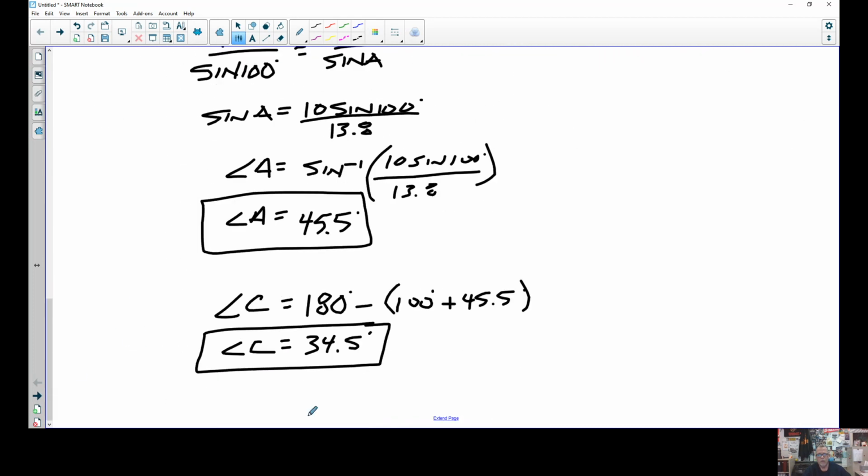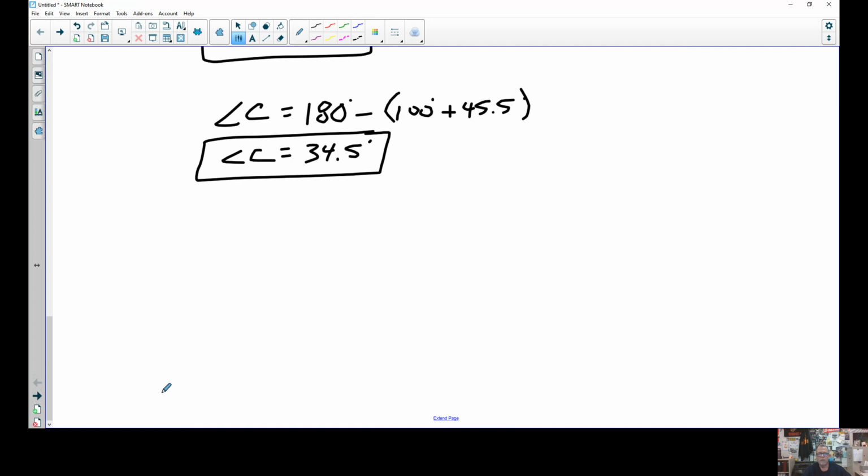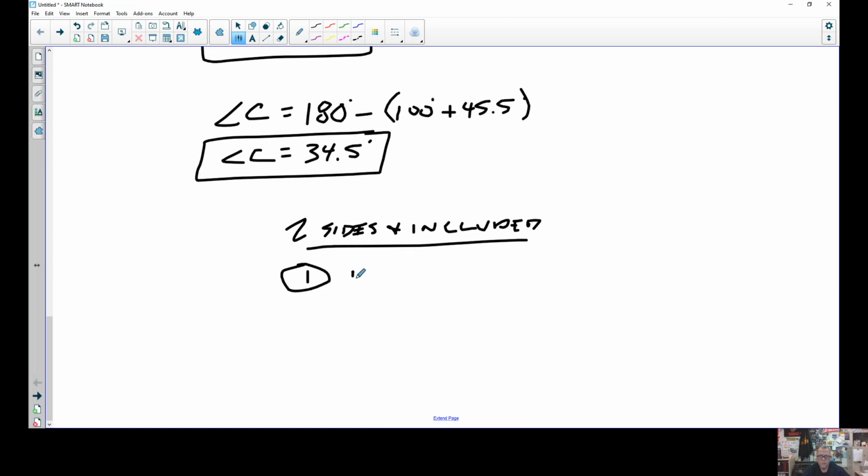And perhaps we should write that down. We've got time to do that. So 3 steps for two sides and included. For two sides and the included, first step is to find the third side using law of cosines.